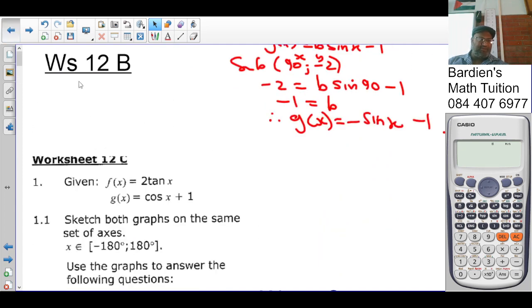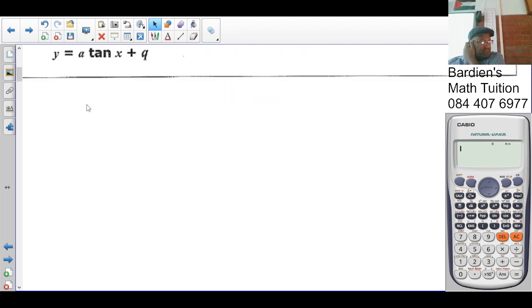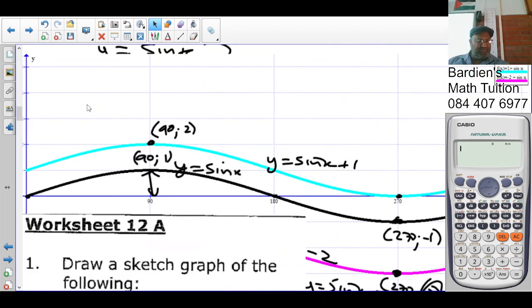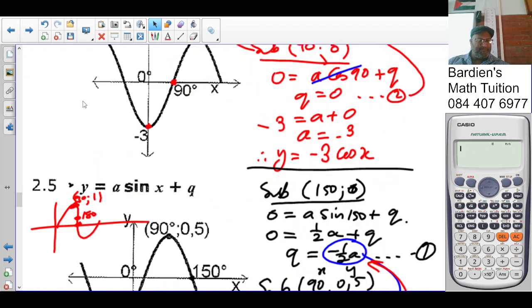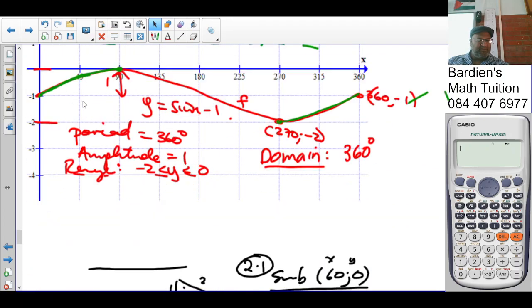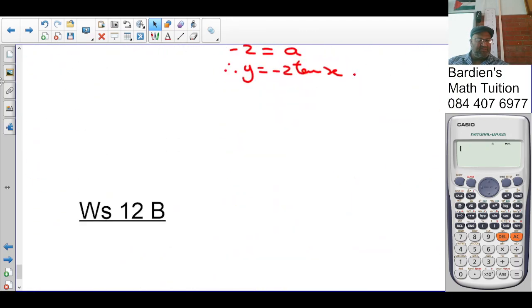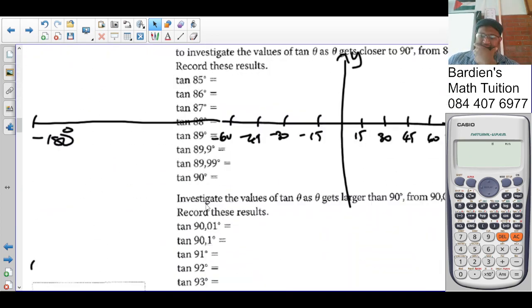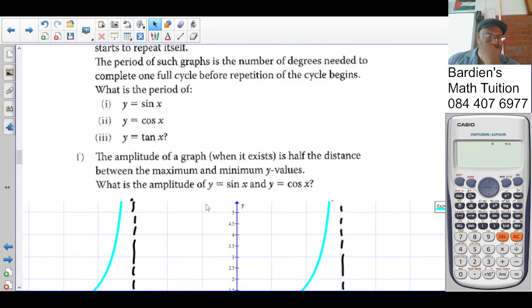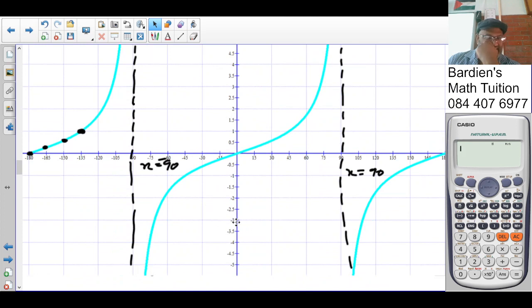I should have an axis. Otherwise I'm going to draw one now. I think the tan graph was in that period.